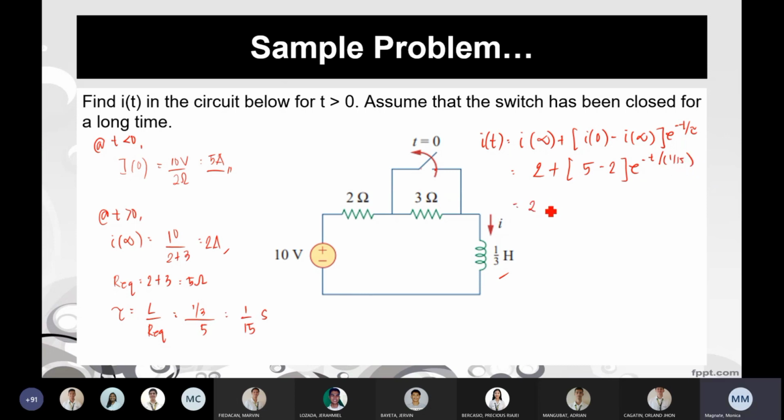So, this will be 2 plus 3 e raised to negative 15t. So, yun. Inakit ko lang kasi 1 over 15 naman to. So, this is our i of t. At huwag kalilimutan ang ampere. Okay? Ayun, so ganun lang siya. So, consider nyo lang yung at time t less than 0, tapos after nun, at time t greater than 0 naman.